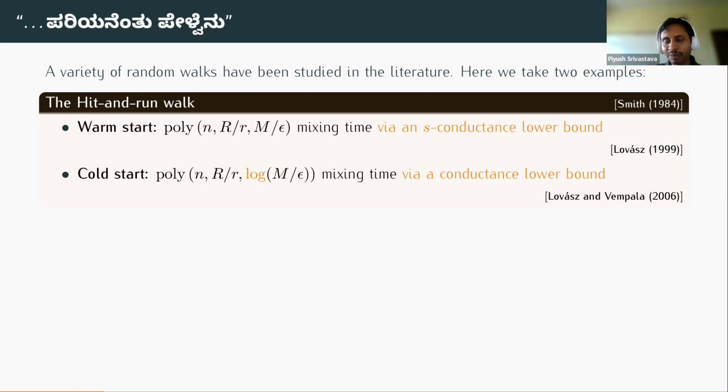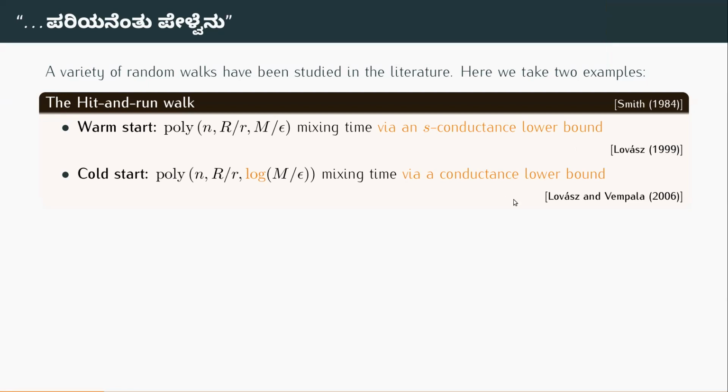So we'll come to these terms later. The one difference between the two was something called conductance versus s-conductance. I'll define these terms very soon. So what is n here? Is it the number of iterations? n is the number of dimensions, and this is the number of iterations needed. So the bound on the number of iterations was growing polynomially in the dimension n, R by r, and M for the initial proof.